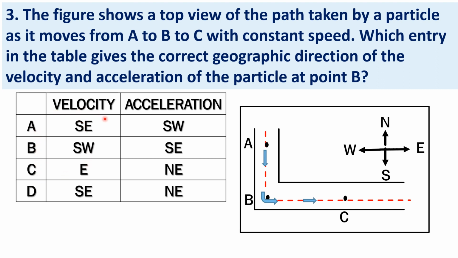Velocity and acceleration. Okay, so we have here, of course, the geographic symbol, direction: north, south, east, west. So what do you think is the key concept being applied here?